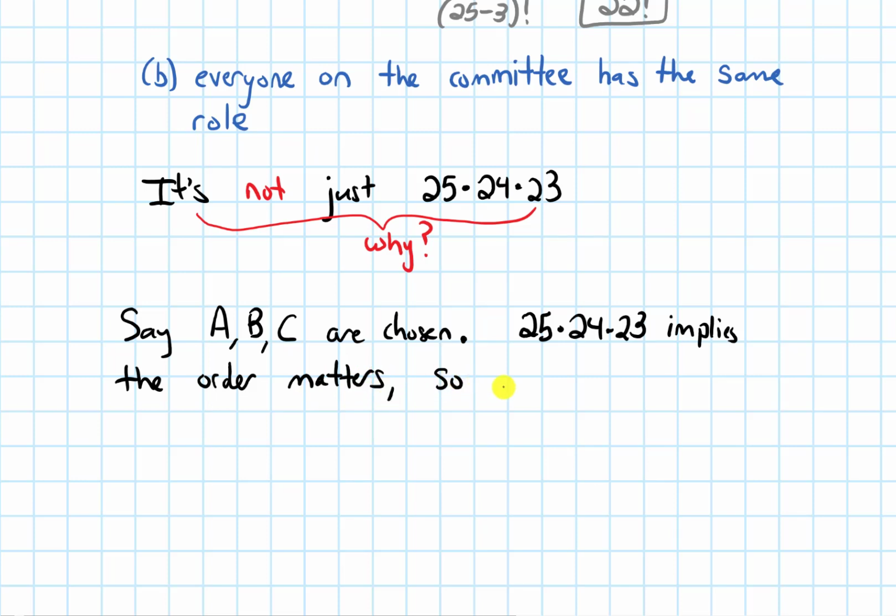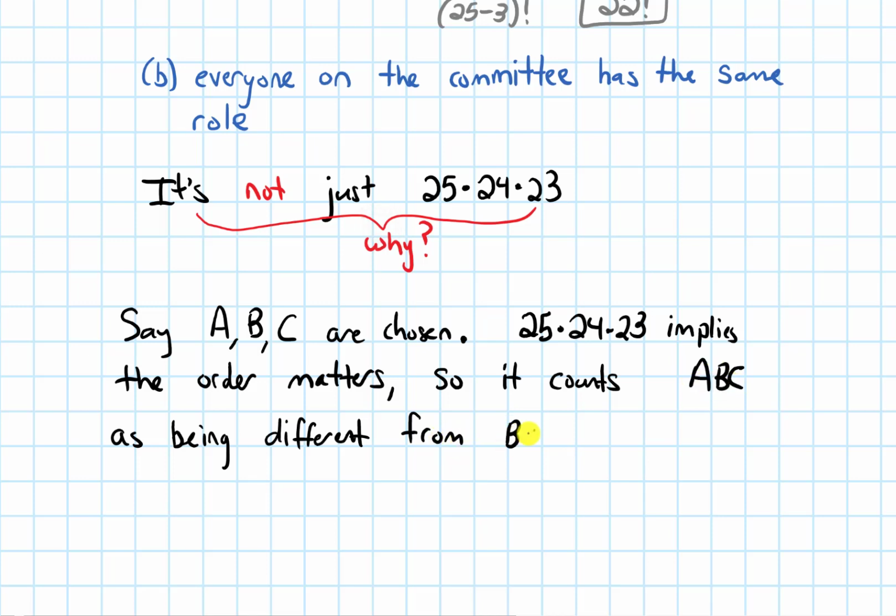So it counts A, B, C, being picked in that order, as being different from rearrangements of those three letters, like BCA or CAB.